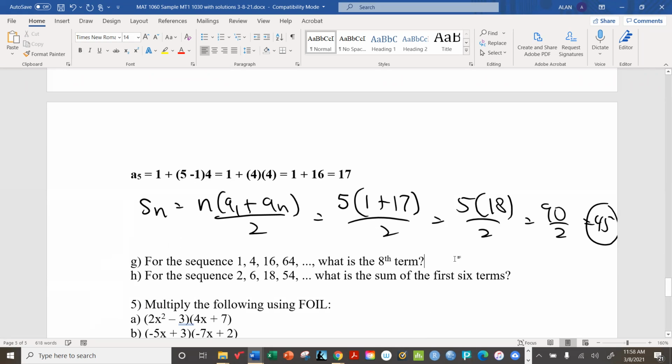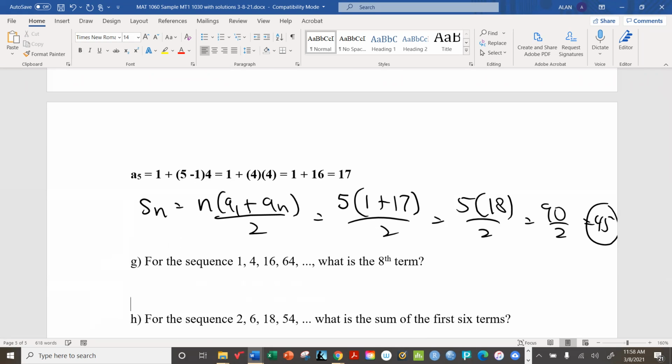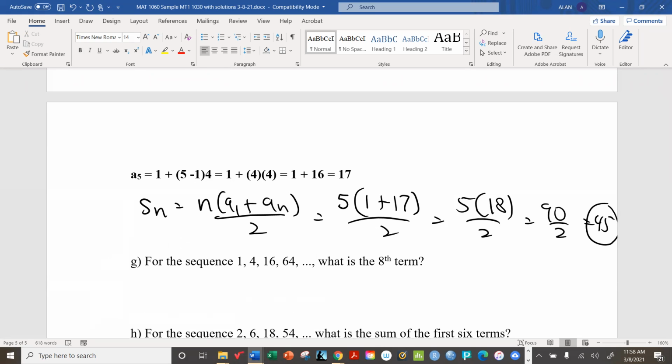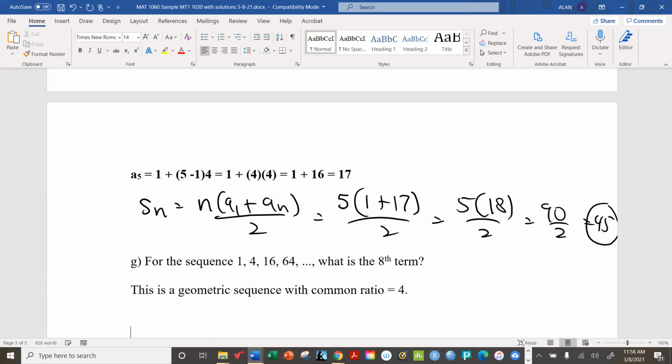All right, now for these next two, you can see something's very different here. This is clearly not an arithmetic sequence. This is a geometric sequence with r, the common ratio I should say, equals 4. Now you can multiply these out and find the 8th term yourself, but these numbers are going to start getting really, really big.